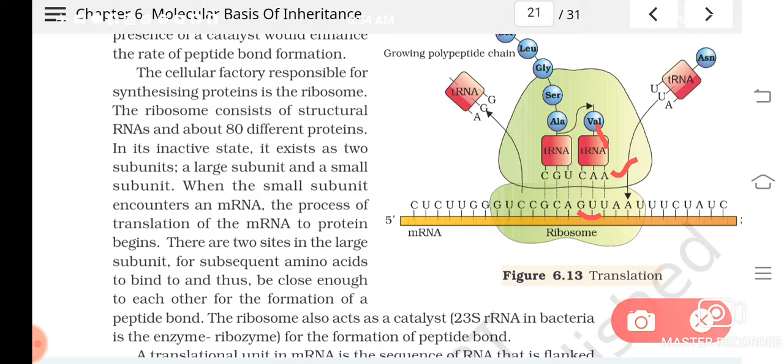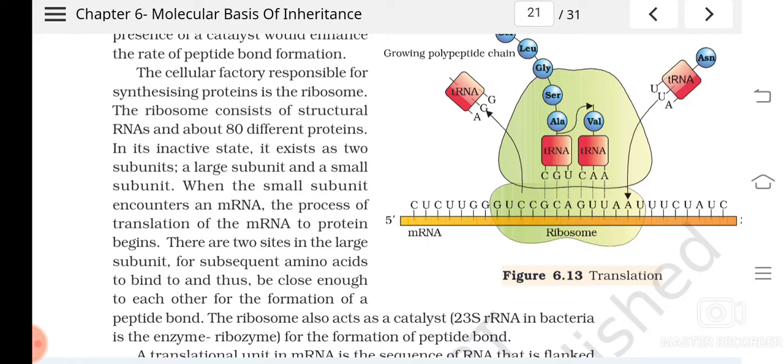Now when this particular amino acid moves to the next site, what will happen? A new one will come and join with this, and this ribosome will move a little bit further so that it can read this codon. It will move this side, and the codon AAU will base pair with UUA, and the tRNA with another amino acid will come to this position.